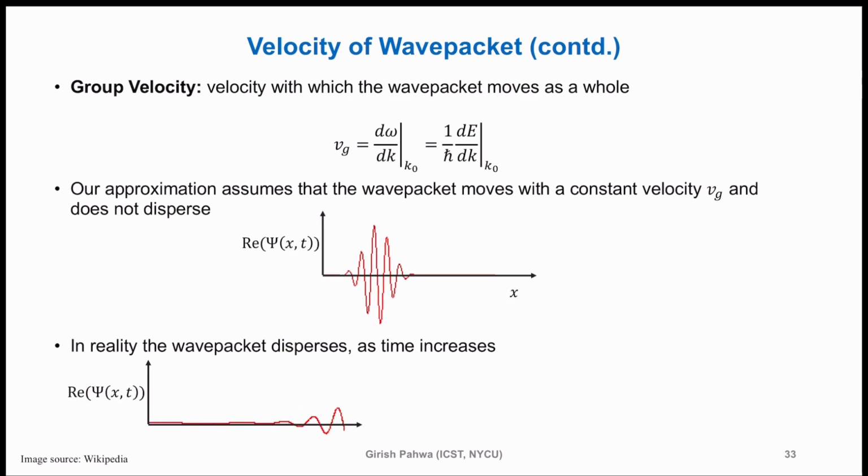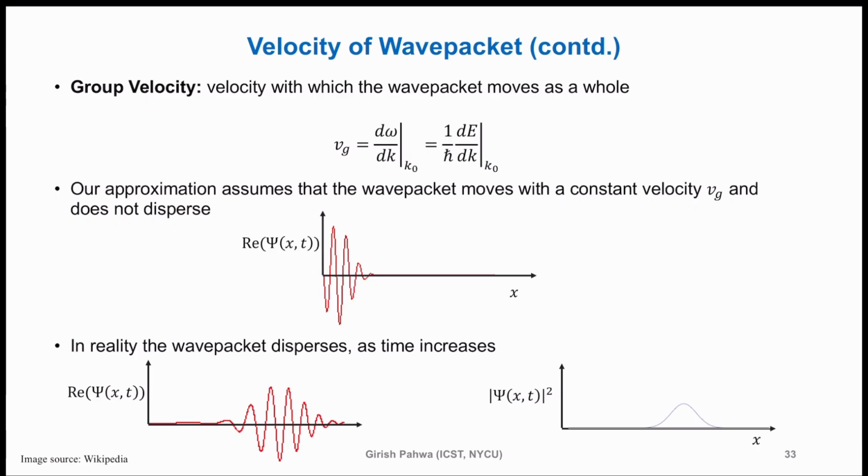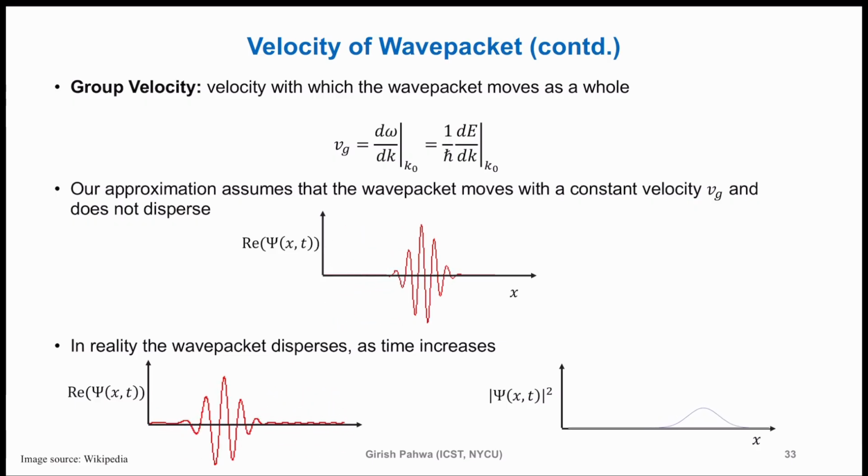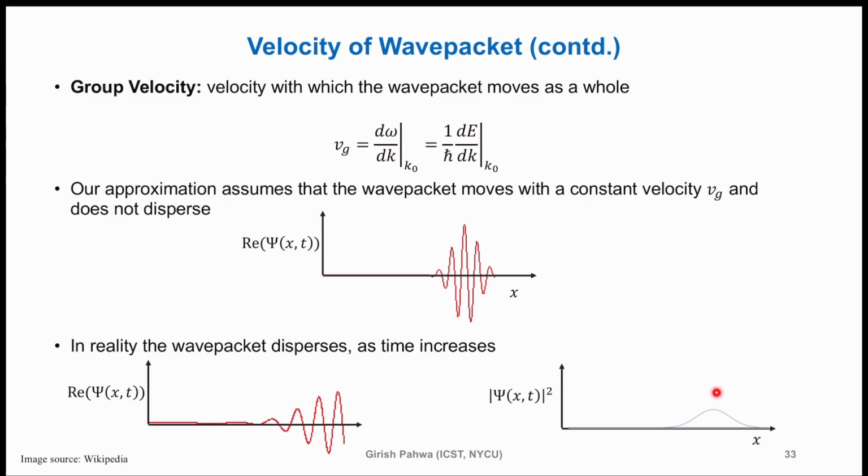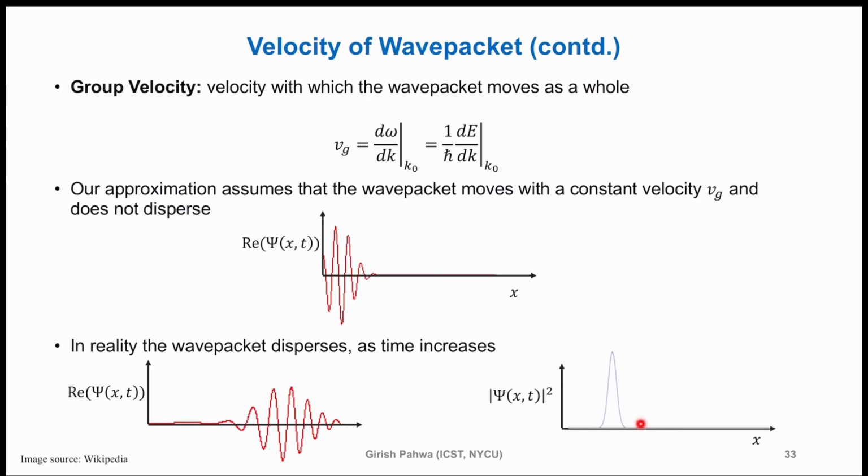So that's how it will look like. As it moves, it is spreading out. This is the more realistic picture. And if you talk about, say, the mod psi square, that keeps spreading. But by the way, it keeps spreading, but the area under this still remains the same. It is equal to 1.